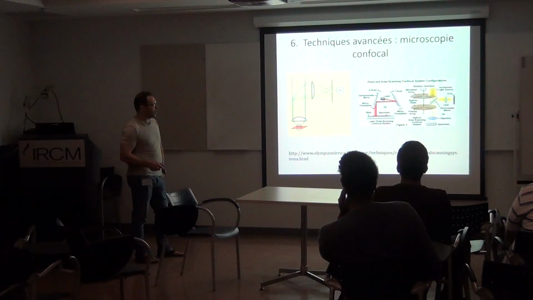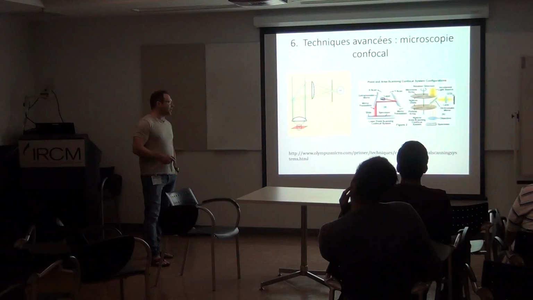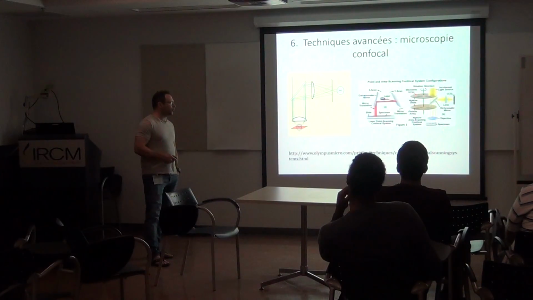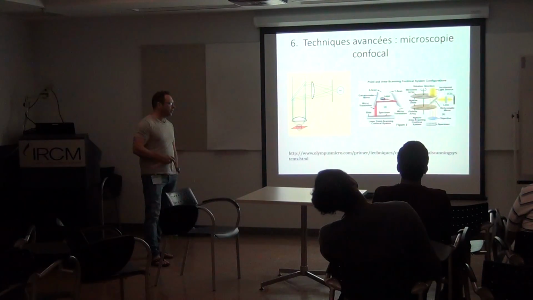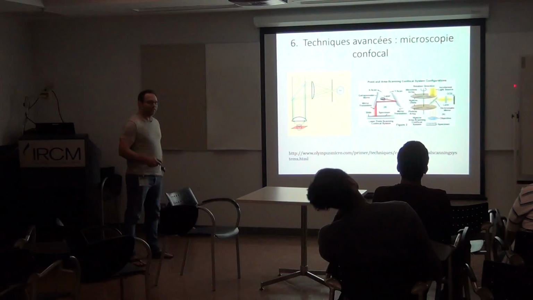So you have small dots, and then you have a light source that goes onto your specimen, and you have micro lenses which will focus light into that little pinhole, go onto your specimen, come back to that pinhole, and be split by the dichroic and go to your detector.